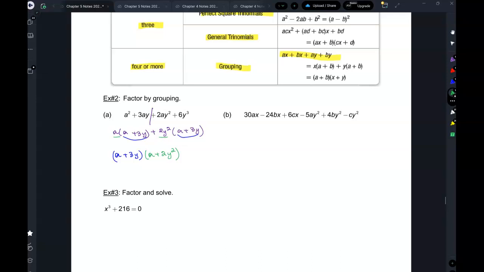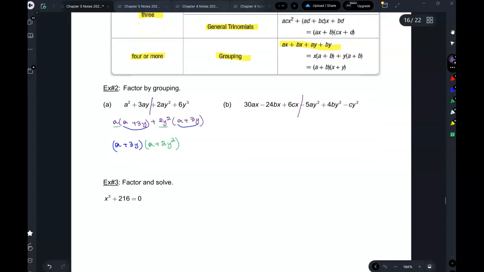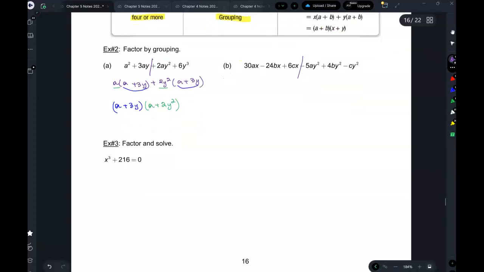Oh, take a look at that one. That's definitely 4 or more, right? So let's split that down the middle. And so if this is given to you in like mixed order, it's kind of tricky. So it's not really going to happen. But so what can we factor out first? 6x. So I get 5a minus 4b plus c. What can I factor out from here?